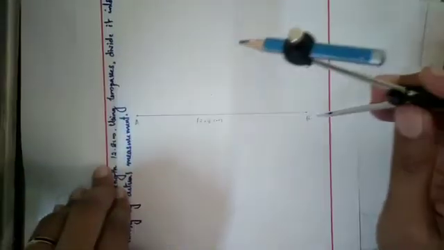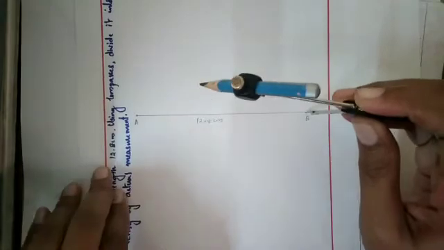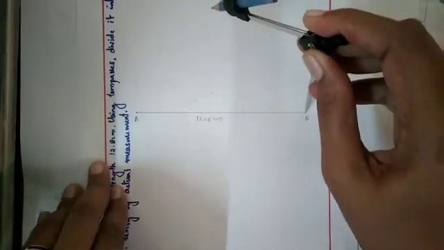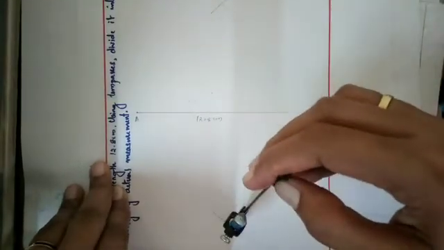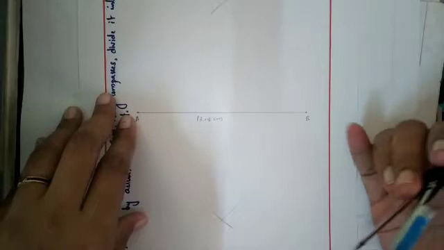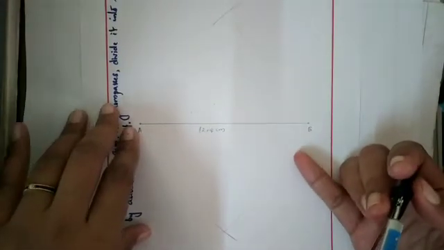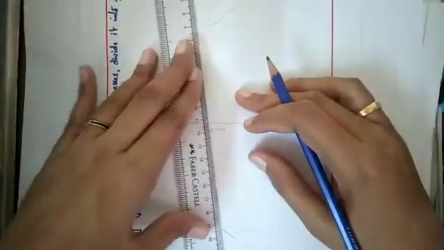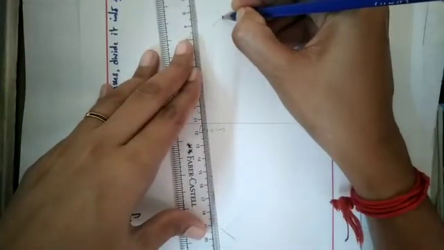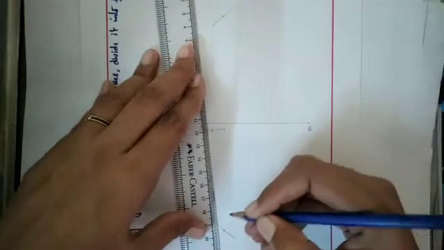Then with the same radius, place the compass at the other end and draw arcs which cut each other at the previous arcs. Draw the two arcs cutting each other. Then join the two points of intersection.